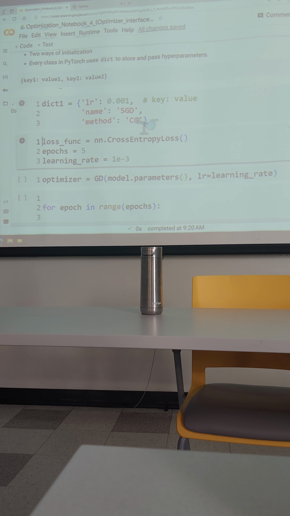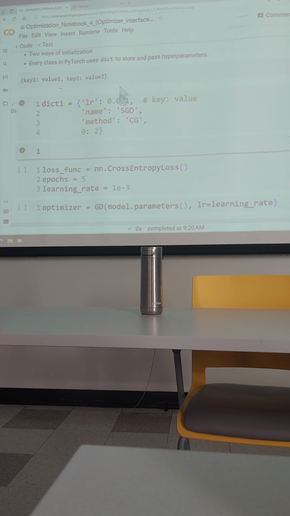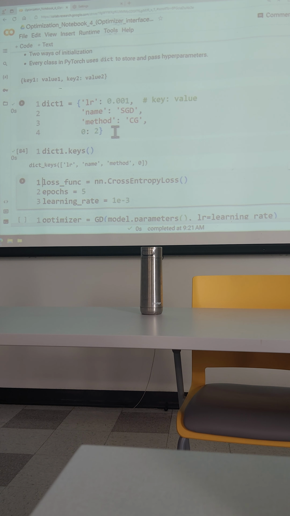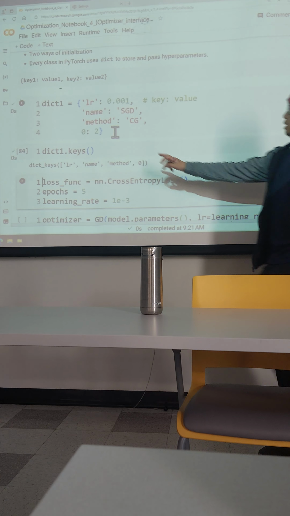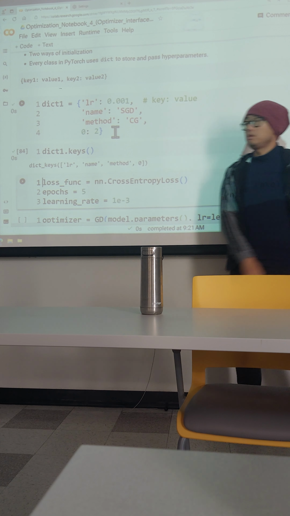And we can even have 0, 2. To access a dictionary, the first is the key. For example, dict1 keys gives us the keys: LR, name, method, and 0.